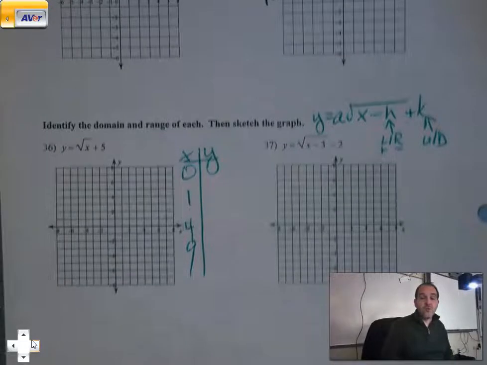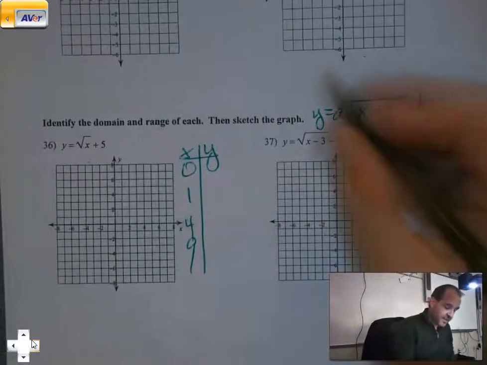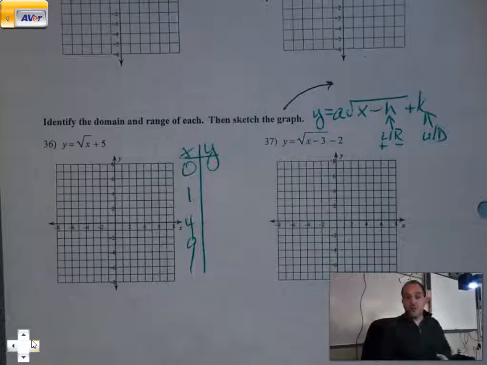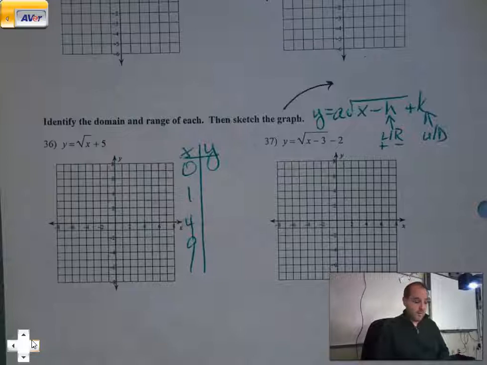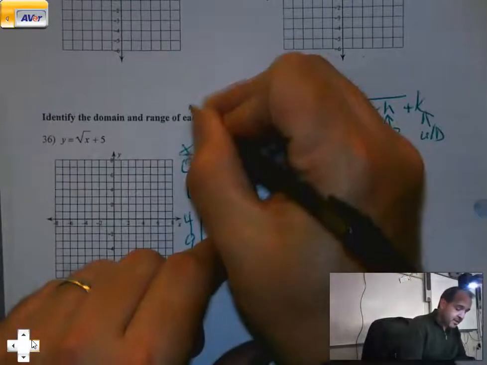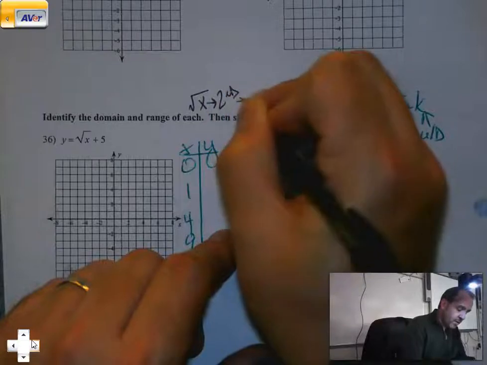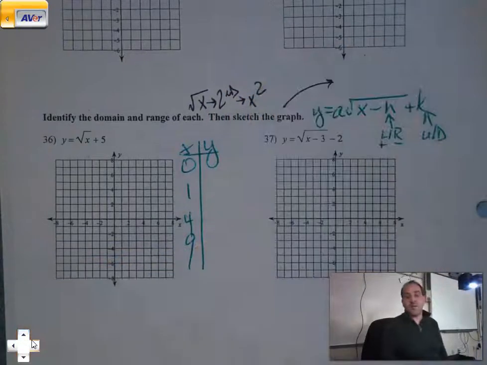Okay, square root functions. These are the graphs that kind of look like that. If you're doing Team No Calc, if you're doing Team Calc, put this right in the calculator. To get square root, you hit second in x squared, that'll get you square root if you're trying to go Team Calc.